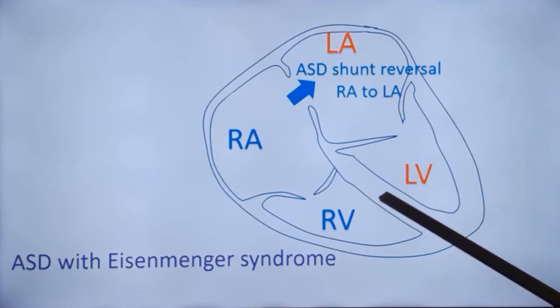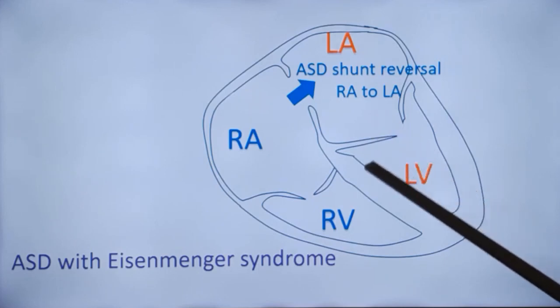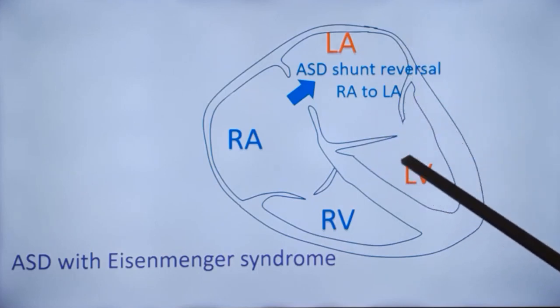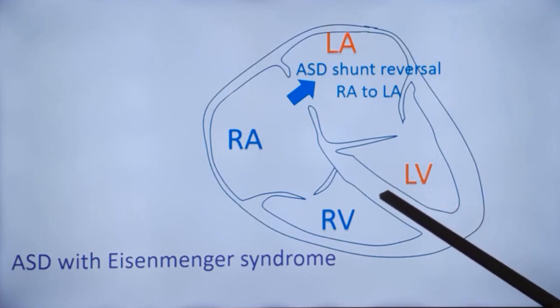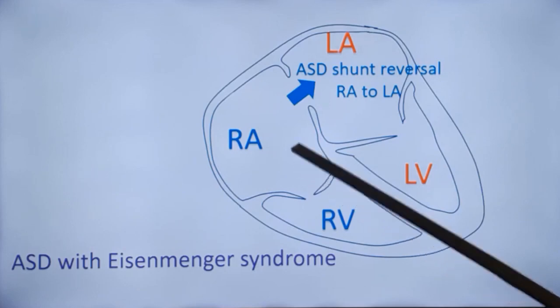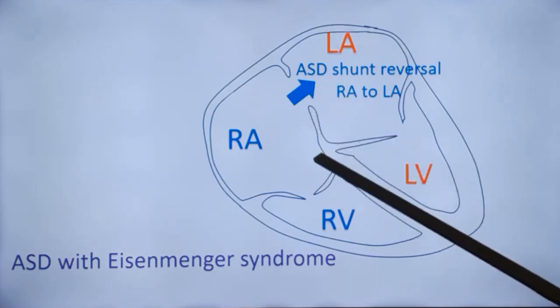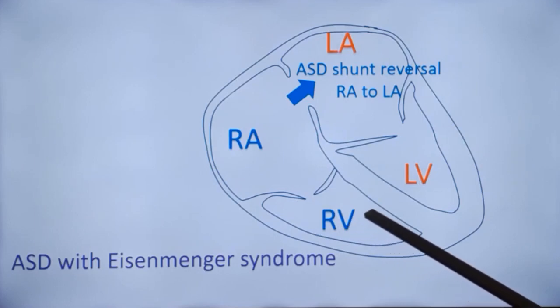Similarly, in PDA Eisenmenger also, the systemic and pulmonary circulations are connected by the PDA, so the maximum pressure possible is only systemic level in the pulmonary arteries, while in ASD there is an isolation. So in ASD Eisenmenger, suprasystemic pulmonary hypertension is possible.